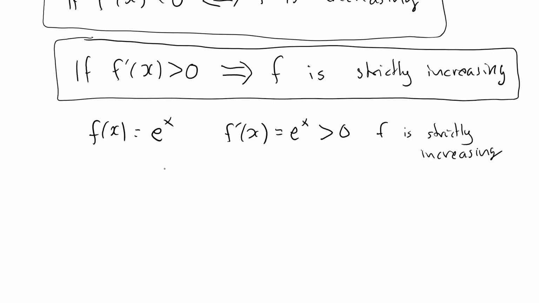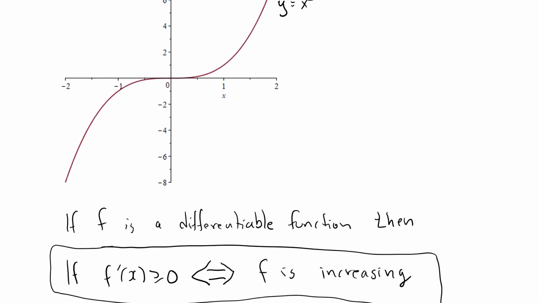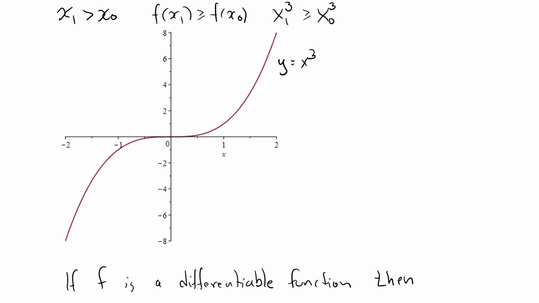A second example will illustrate why we can go from the left to the right, but not from the right to the left. So my f of x is x to the 3. If we go back and look at the graph of x to the 3, then you may be able to convince yourself that this is strictly increasing. We know that f of 0 is 0, 0 to the 3 is 0.